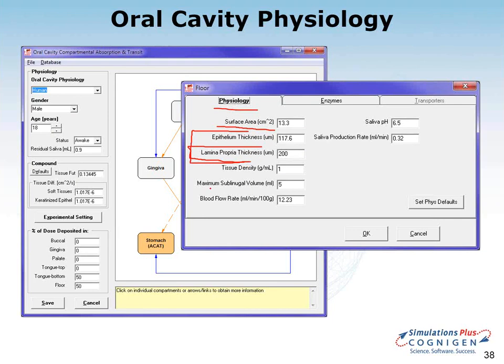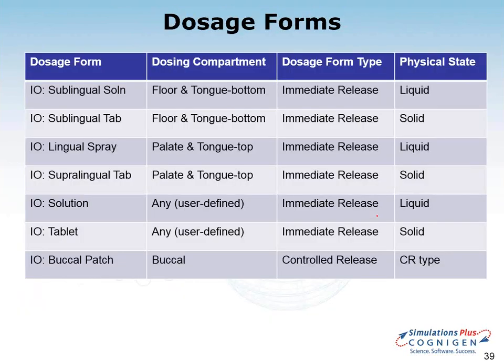For some of the regions, for sublingual region, we also have a maximum volume of the saliva that can be held there. For each region, we have the blood flow rate. For buccal and sublingual, also saliva production rate, and so on. So these are all parts of the built-in physiologies.